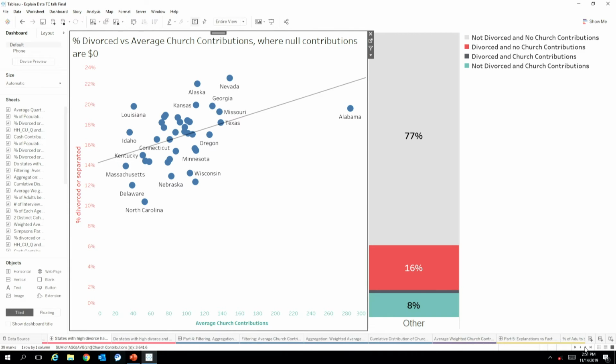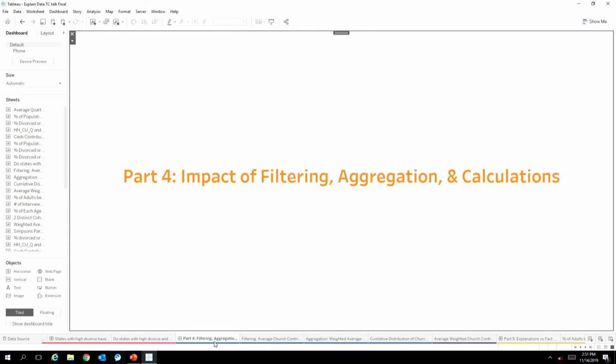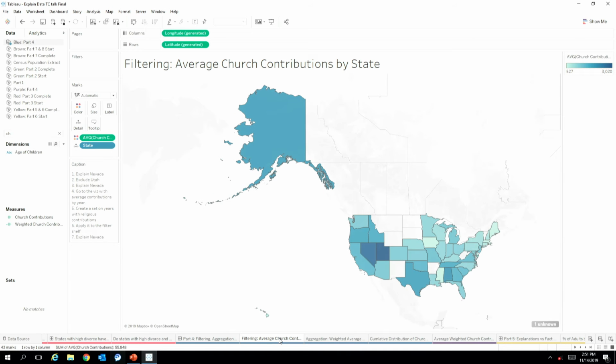All right, so we took a small detour into the realm of statistical explanations and interpretations. I'm going to bring it back now to Explain Data and look at how things like filtering, aggregations, and calculations impact the explanations that you see in Explain Data. So at this point, we've seen religion and divorce are correlated.